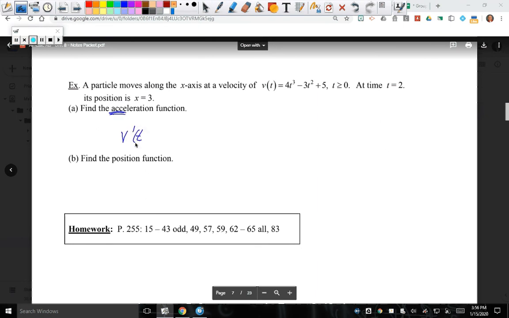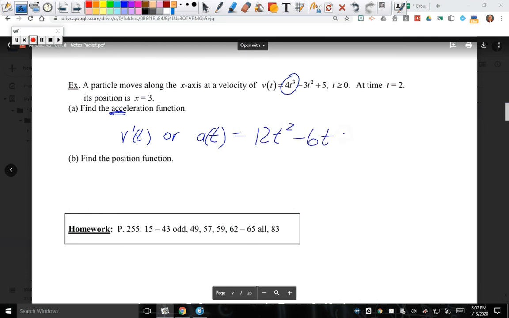Acceleration is the derivative, or a of t, which is what? Ooh, a little hesitation. Because you finally learned how to walk backwards, and I say, all right, let's derive. And you're like, whoa, what just happened? So, 12t squared, right?